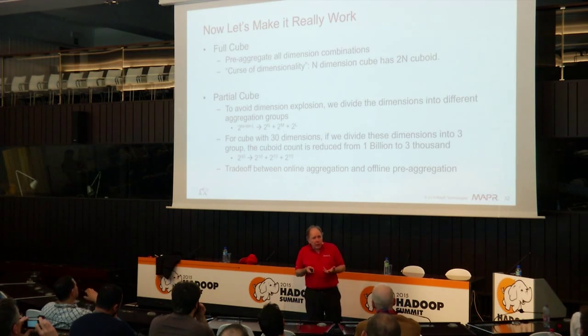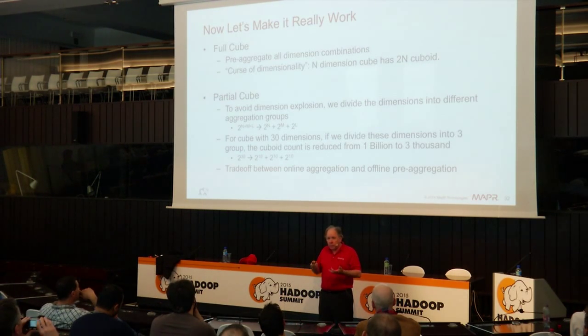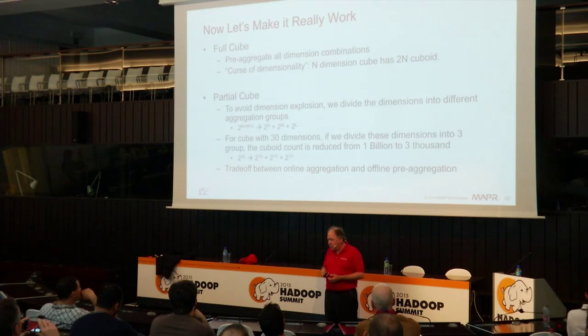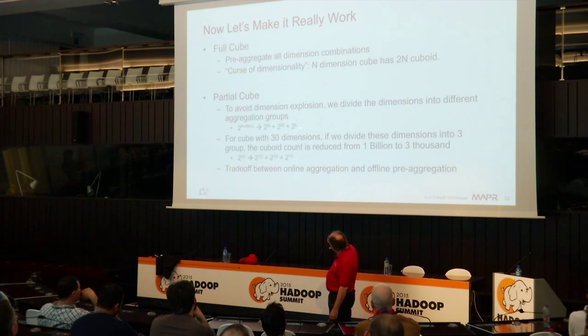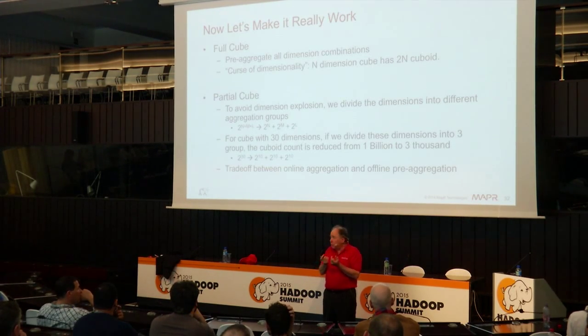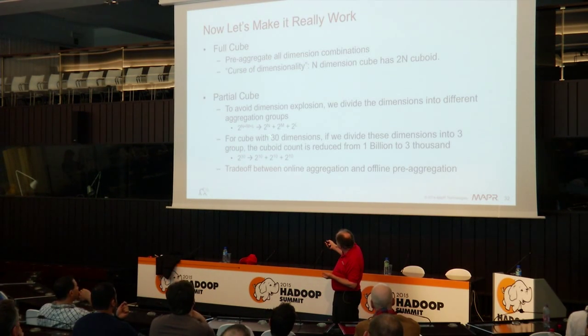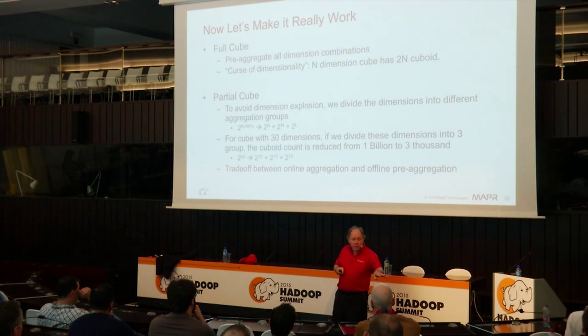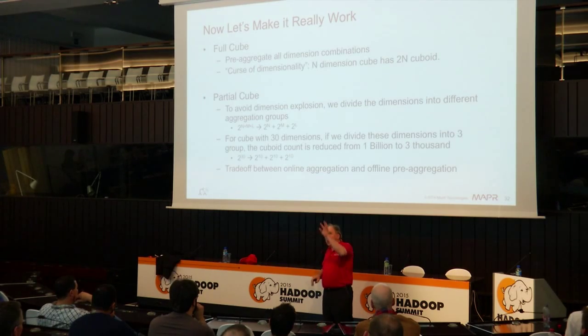Now, when you want to really make it work, you don't want to build the full cubes. You want to build smaller ones. And so this is where these ideas of aggregation groups come in. Instead of 2 to the n plus m plus l, where these are the number of dimensions in each of the subgroups, we use each one separately. And so we're going to query with this pattern or that pattern or that pattern.